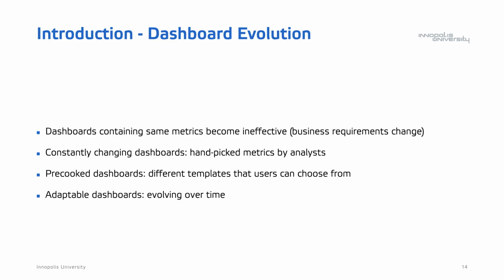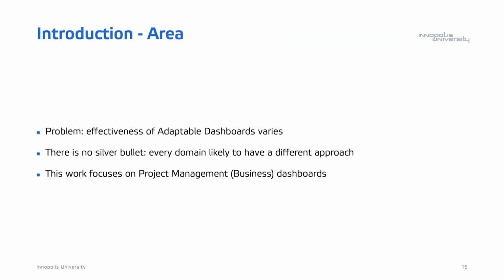However, this approach is often not perfect, because if there are significant requirement changes, analysts wouldn't be able to account for all this ahead of time. So adaptable dashboards are the next step, and they evolve over time and suggest relevant metrics all the time. The problem that we're facing currently is the effectiveness of adaptable dashboards.